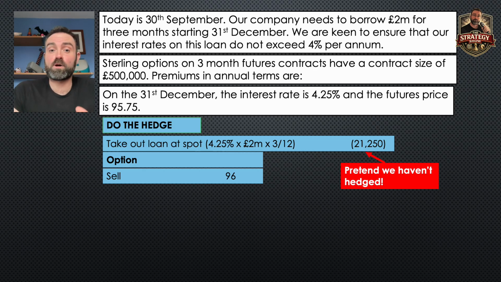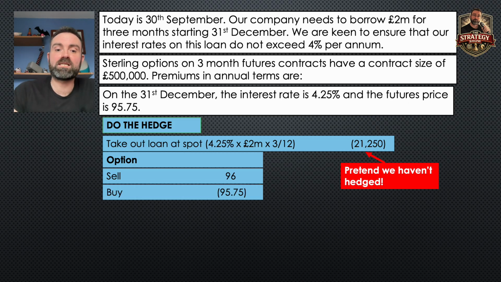In this case, according to the question, if you look at the last paragraph, on the 31st of December, the interest rate's 4.25% and the futures price is 95.75. So there's our next line. We want to see if we've got the option to buy each of these futures back at 95.75 on the 31st of December.